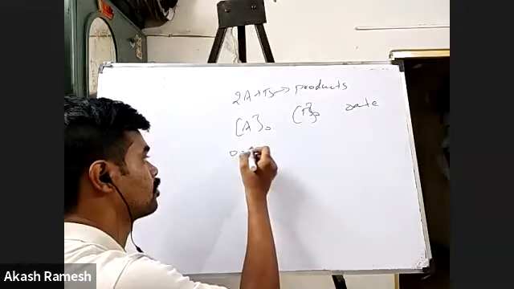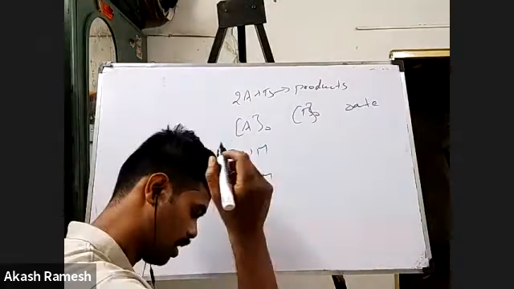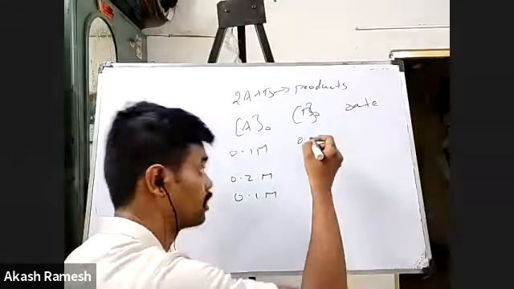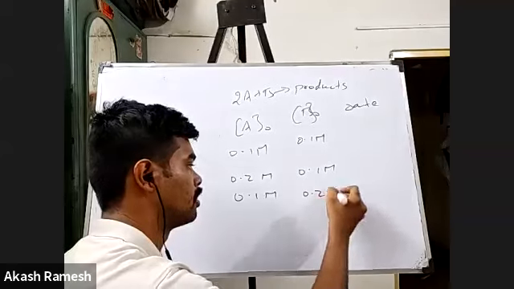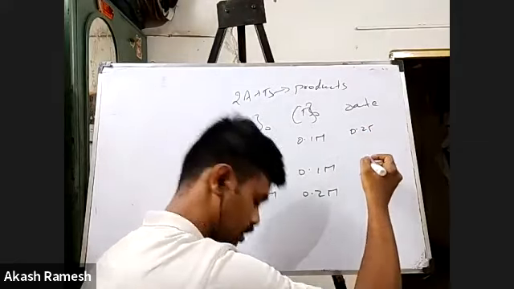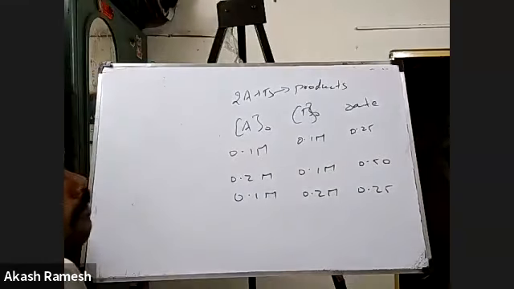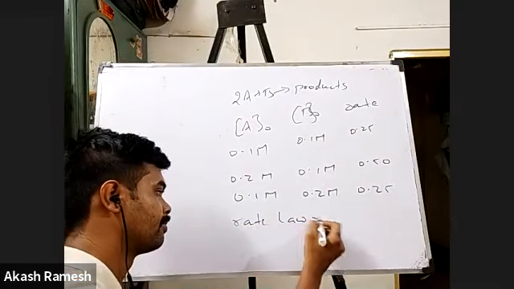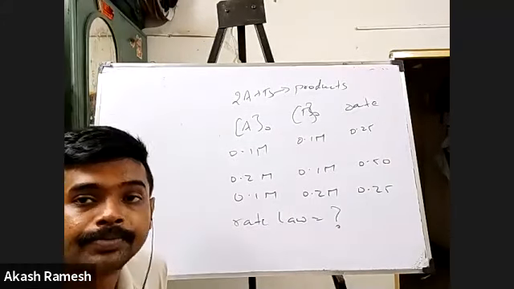So 0.1 M and 0.2 M and 0.1 M. And then for this, it's 0.1 M, 0.1 M, 0.2 M. So the rates are 0.25, here it is 0.50, here it is 0.25. So this data is given to you. They're asking you to find the rate law of this reaction.